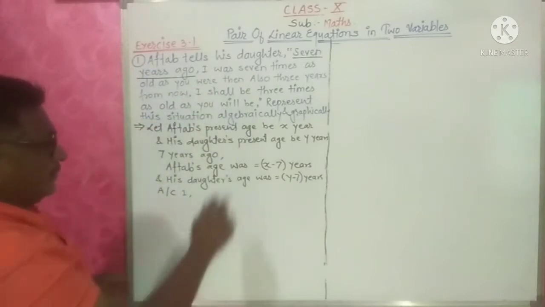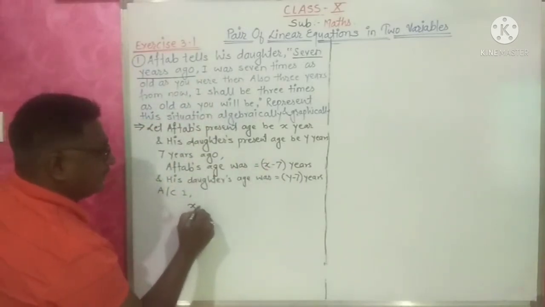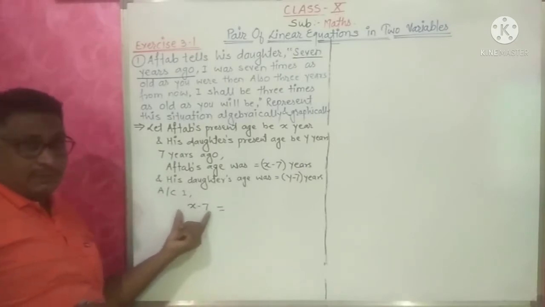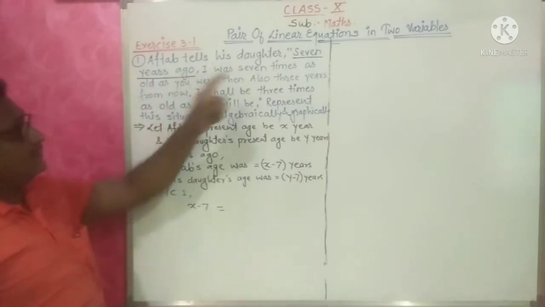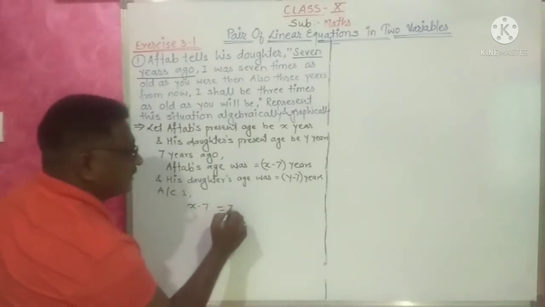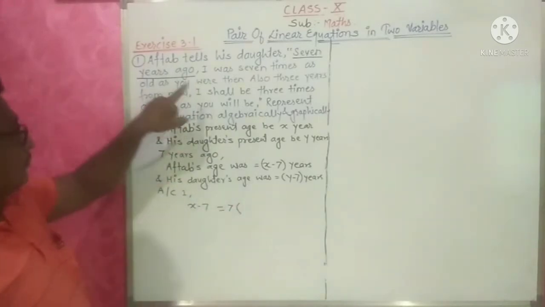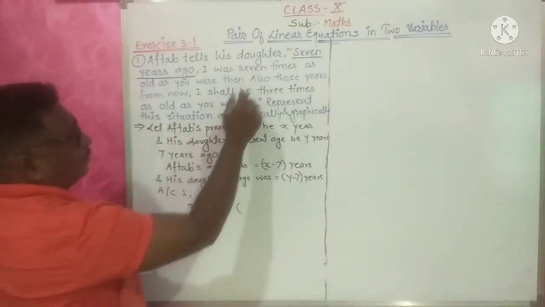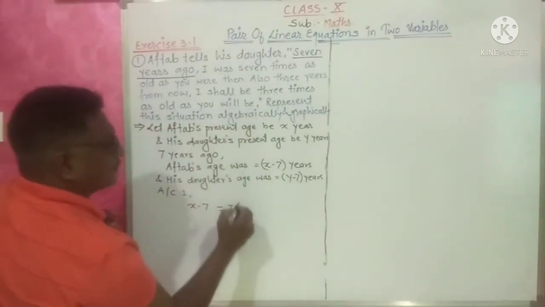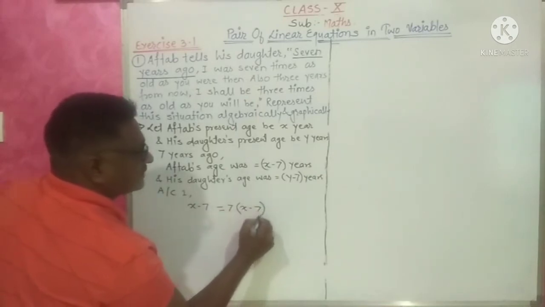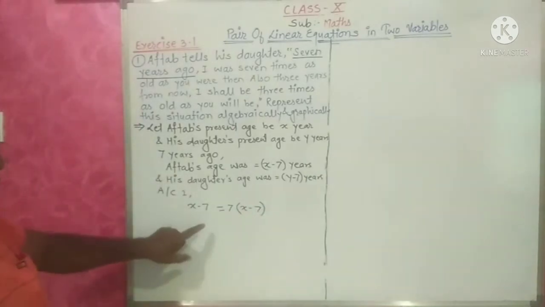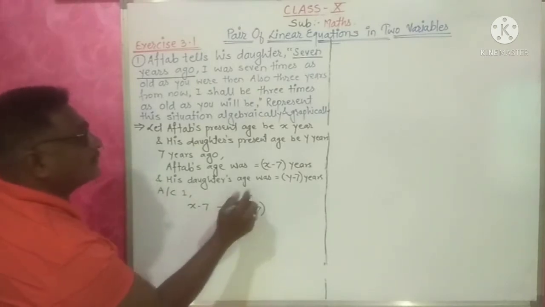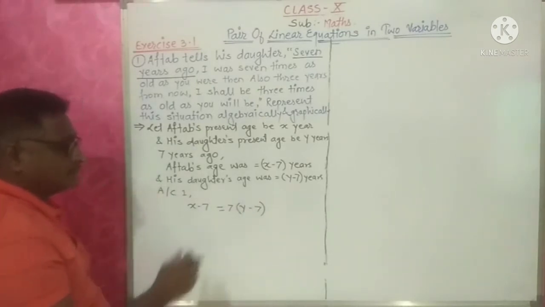So my age was x minus 7, which is 7 times the daughter's age, y minus 7.